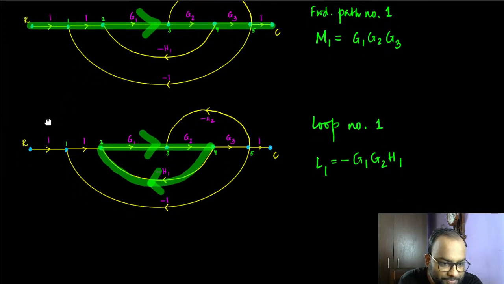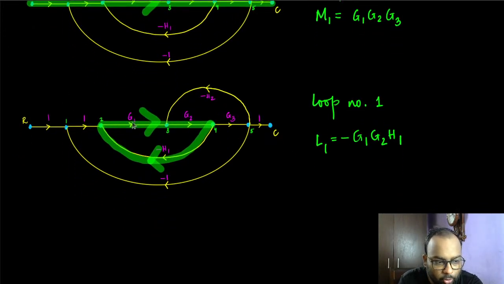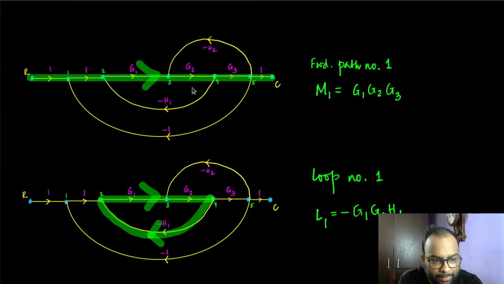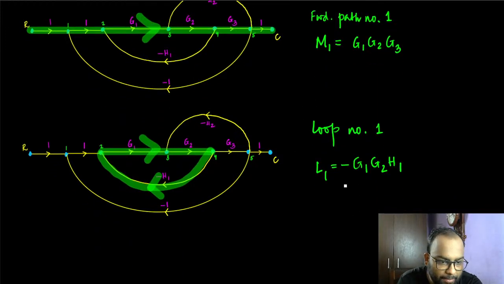All right, so this is called the loop gain. Loop number 1 here has a loop gain of this. L1 is considered to be the loop gain. The minus G wasn't there actually; it was supposed to be G1, G2. The signal starts from this, goes through all that, and comes back to this, encountering a gain of G1, then G2, and a minus H1.